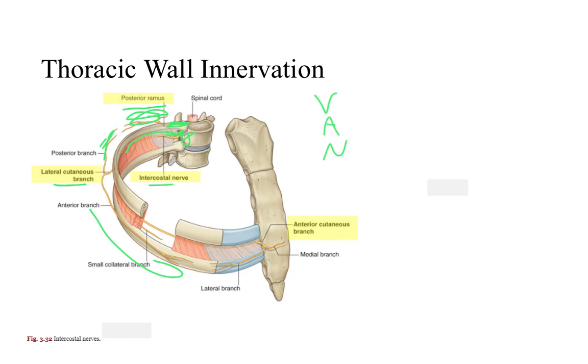The intercostal nerve runs around, pierces through the internal intercostal muscles, and then branches into the anterior cutaneous branch, which will then supply the skin of the anterior thoracic wall with innervation.